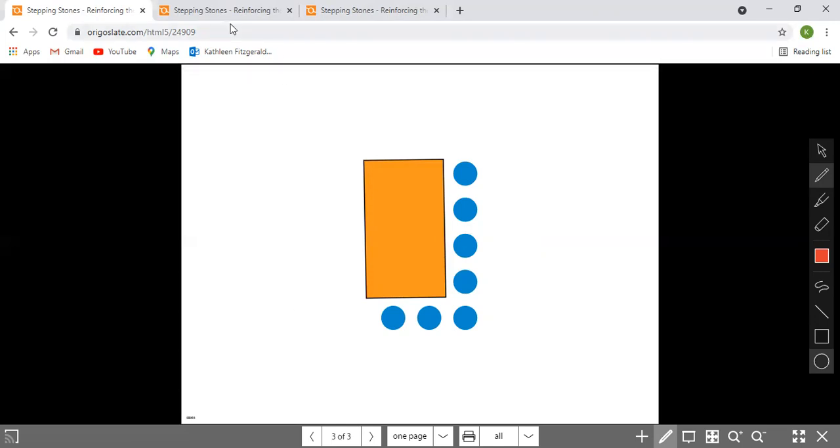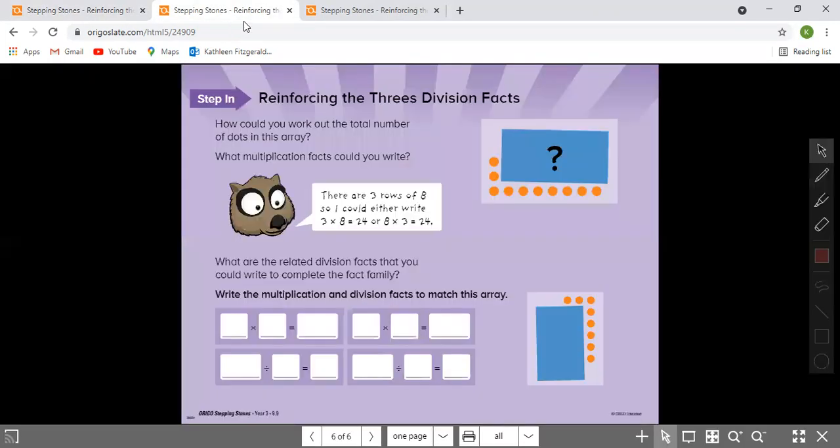Okay, let's go to our step in problem, which is again very similar to yesterday. How could you work out the total number of dots in this array? Okay, what multiplication facts could you write? There are 3 rows of 8. 1, 2, 3. 1, 2, 3, 4, 5, 6, 7, 8. There are 3 rows with 8 in each row.